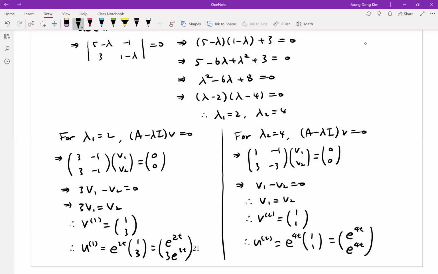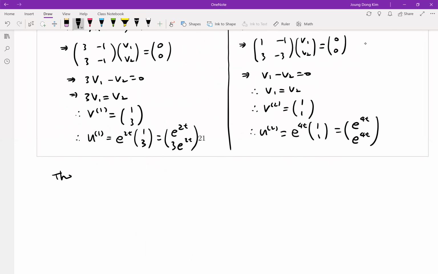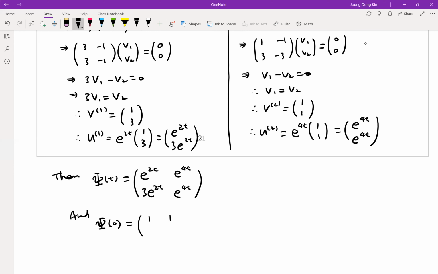Then we can easily set up the fundamental matrix Ψ. Ψ(t) is [e to the 2t, e to the 4t; 3 e to the 2t, e to the 4t]. Now we plug in 0. Since these are exponential functions, everything will be 1.